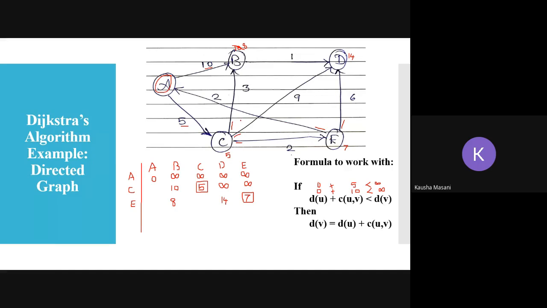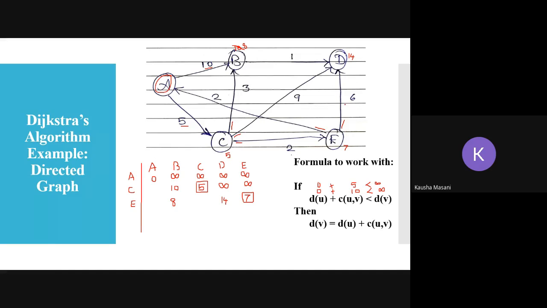So even though we do have an edge from E to A, we are not going to update the distance, and it is not possible either. If we look at it mathematically, A has distance 0, and 0 is already less than 9. So you're not going to consider that edge.